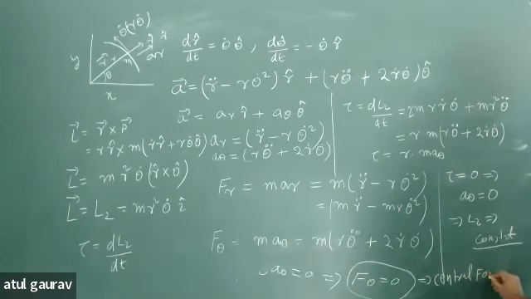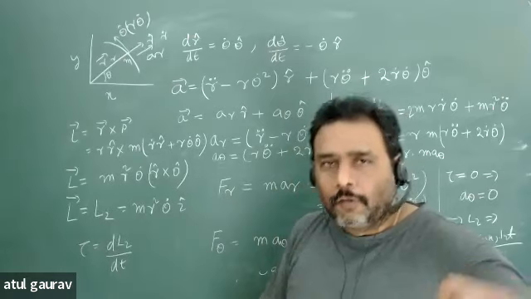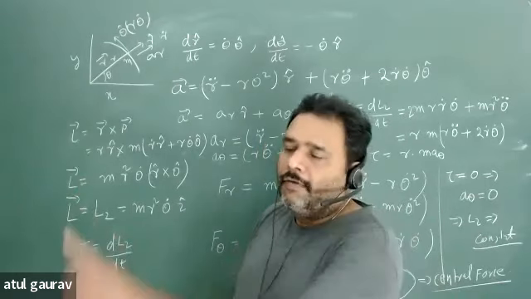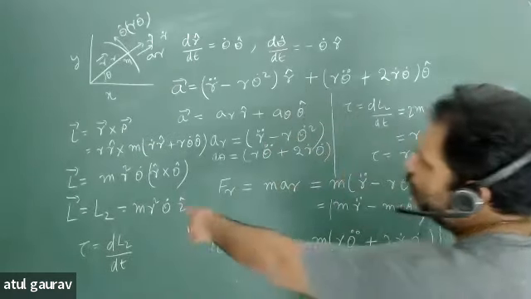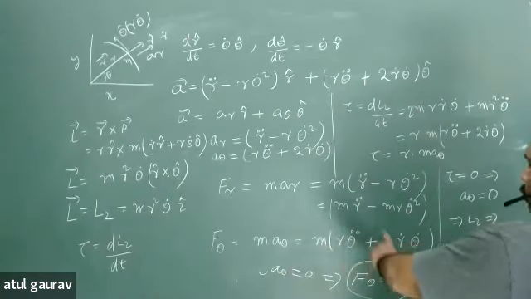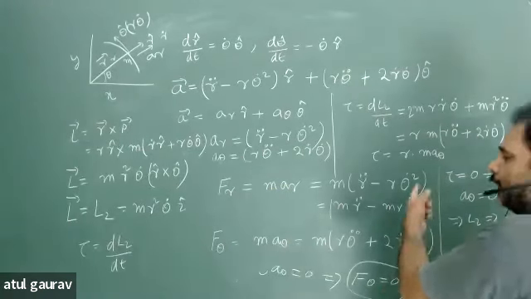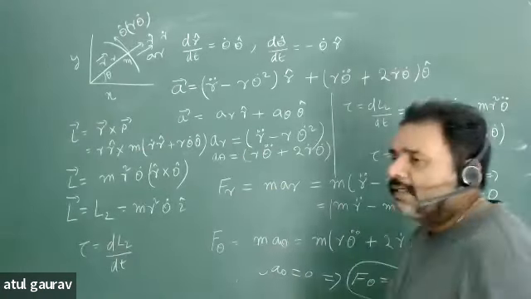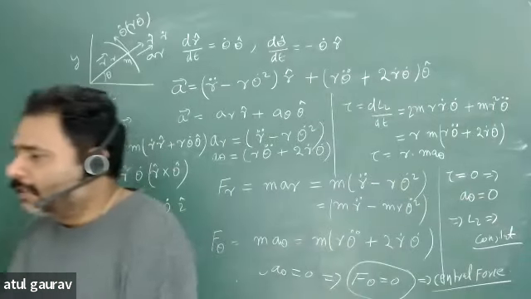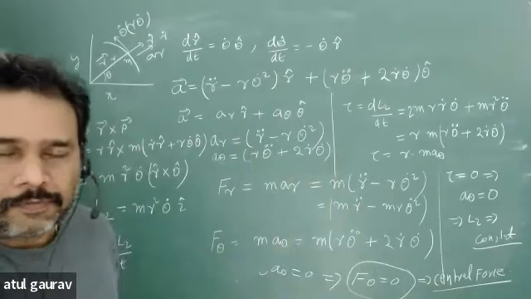The force will always act towards the origin or away from the origin. If the angular momentum of a system is conserved, that is equivalent to A theta being 0, which is equivalent to F theta being 0, and that will tell you whether your force is central or not.